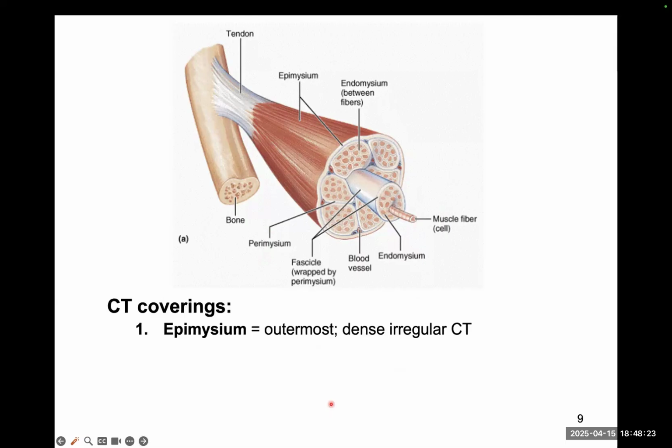The CT covering is actually going to be comprised of 3 layers. The layer around the entire muscle, the outermost layer, is the epimysium. And that's made out of dense irregular CT. So this is around the entire muscle.